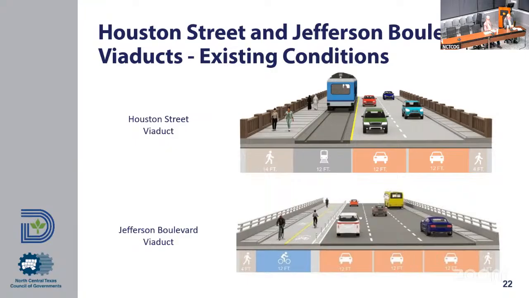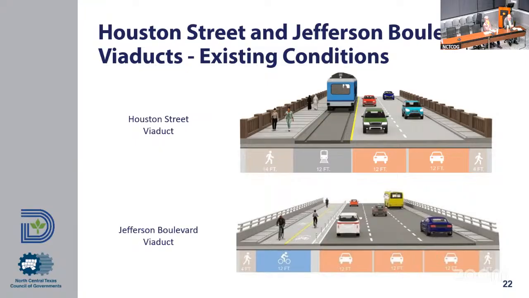So let's look at what exists. You're probably all familiar with your Houston Street Viaduct: a 14-foot pedestrian streetcar, two 12-foot lanes heading south towards Oak Cliff, and a 4-foot sidewalk.